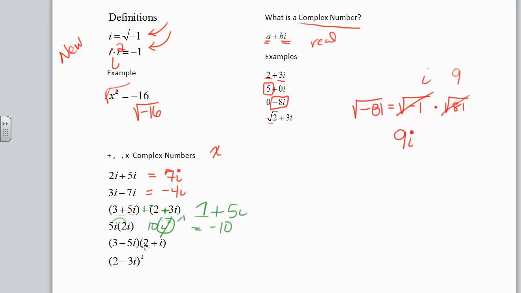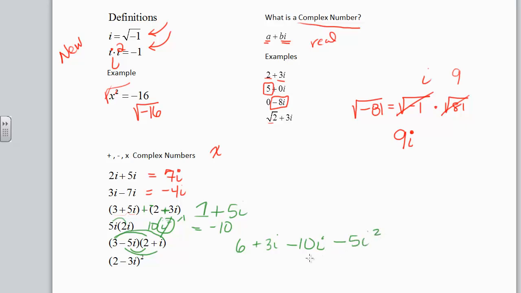Over here, when we have something like this, we need to go ahead and distribute, FOIL. So we're going to have 3 times 2, 6. 3 times I, 3i. Now let's look at the other distribution of negative 5i. So negative 5i times 2, negative 10i, and now negative 5i times I is negative 5i squared.